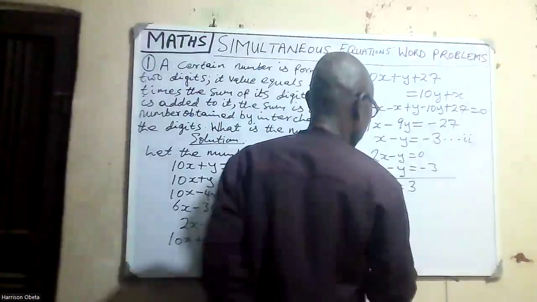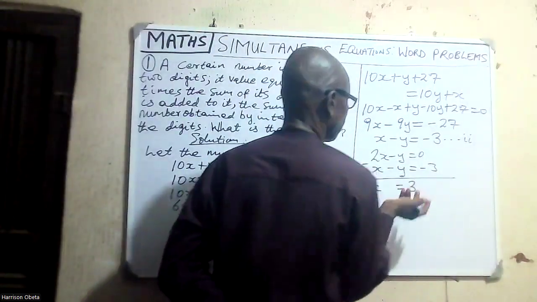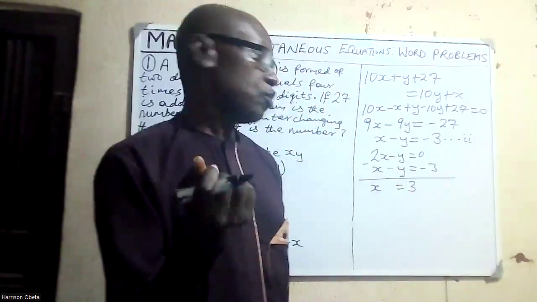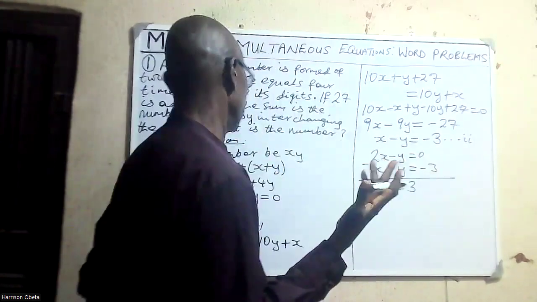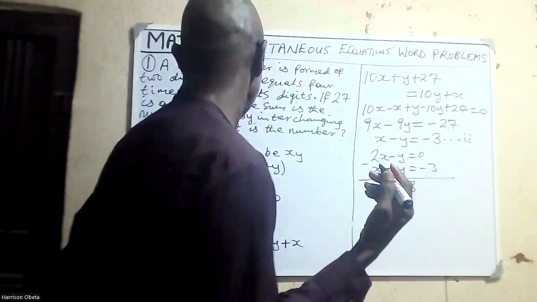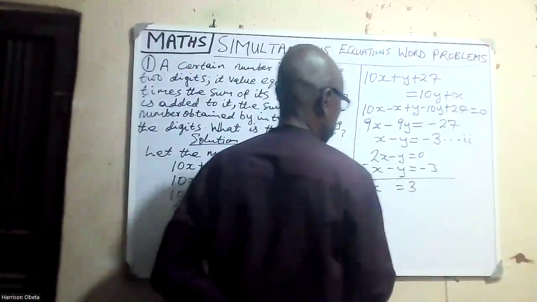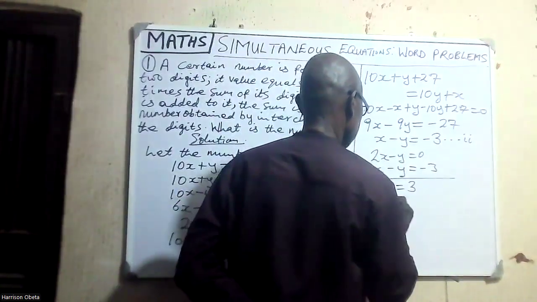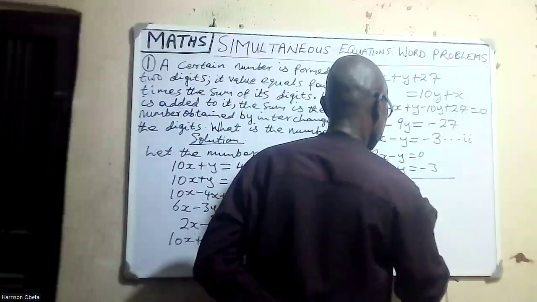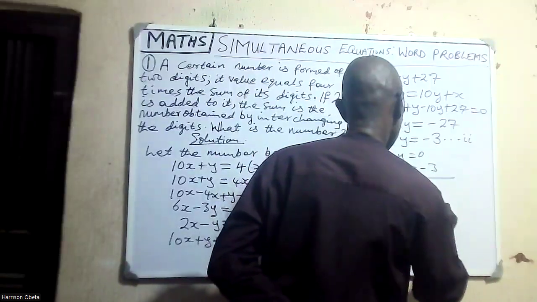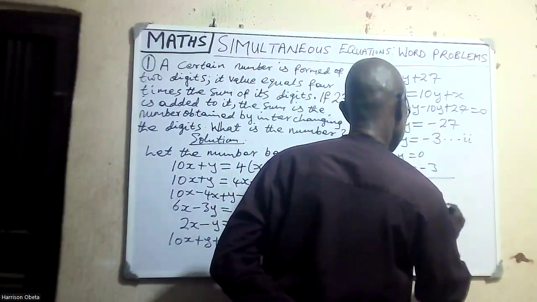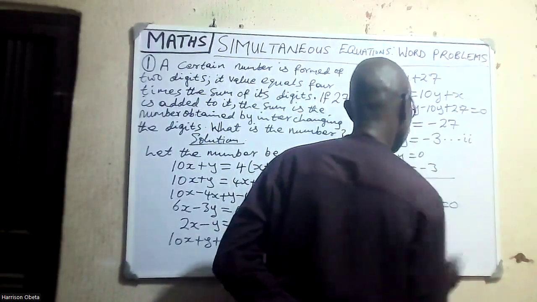So if x is equal to 3, substitute in any of the equations, either equation 1 or 2. So going back to equation 1, 2x minus y is equal to 0.